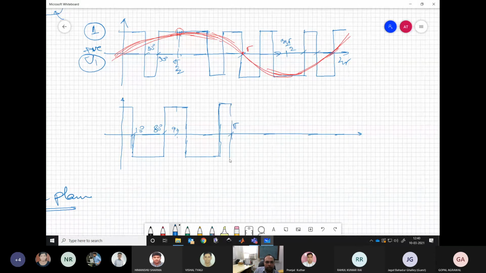So this is something like 80 degree, this is something like 10 degree, and then again we have 90 degree over here. Immediately 10 degrees after this it will switch back, and then continue up to something like 170 degree, and then this is pi. Ten degrees after pi again it will switch back to VDC by 2. Then 10 degrees before 3 pi by 2 it will switch back again.